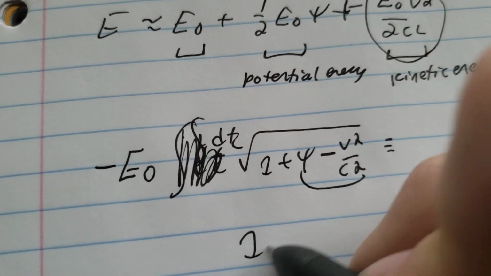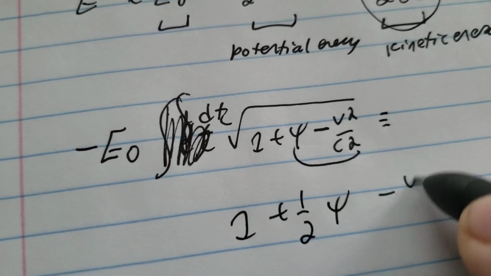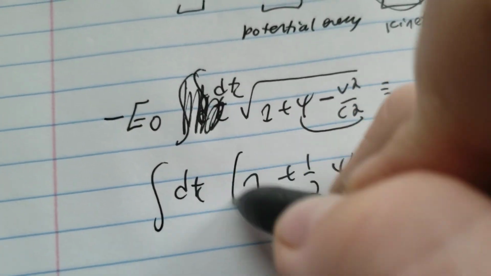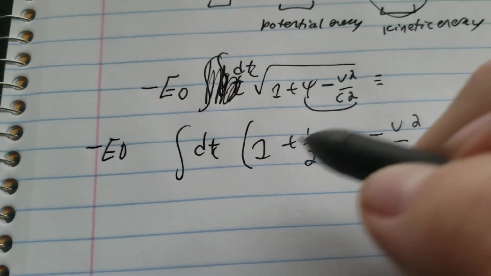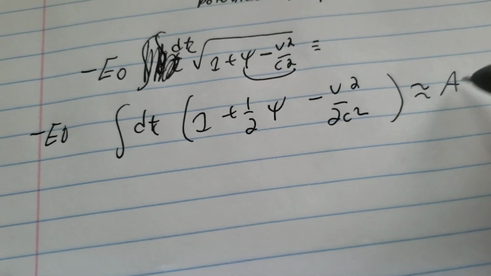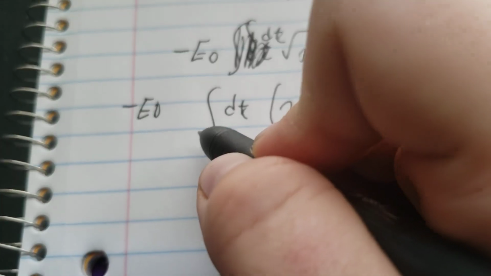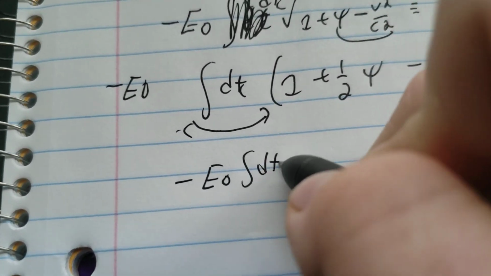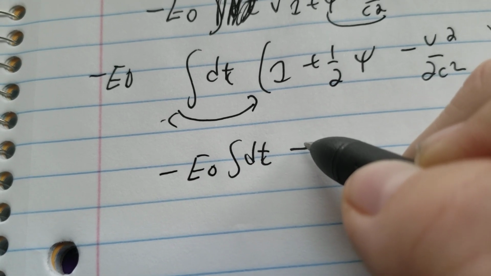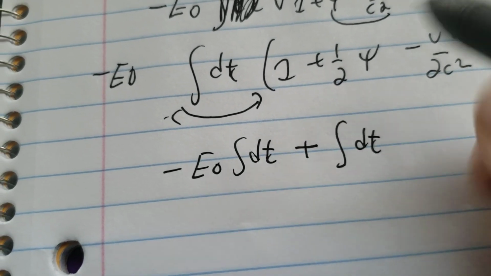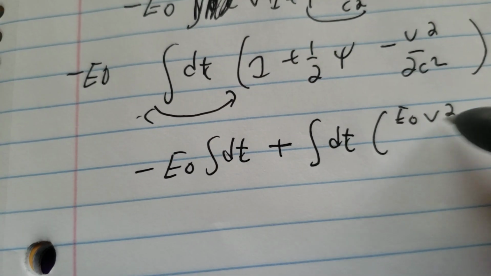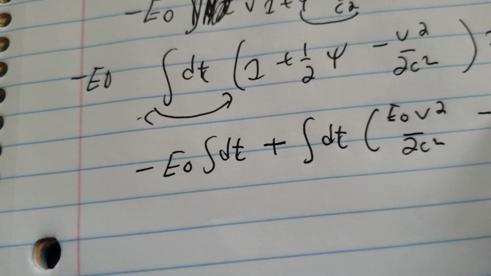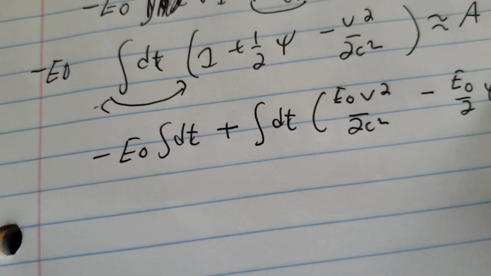When these are very small, the action is roughly equal to the integral of dt times 1 plus 1/2 psi minus v squared over 2c squared. Well, this part just goes to negative dt, E0 v squared over 2c squared minus E0 psi over 2.